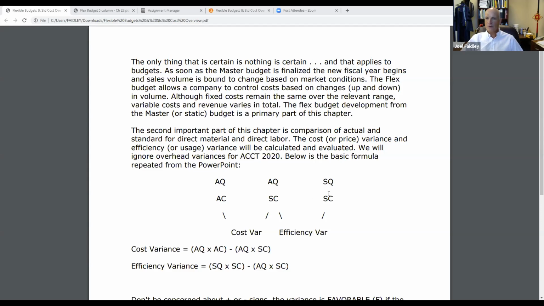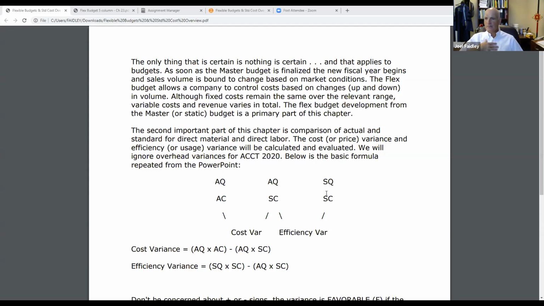Any company that you work for that's in manufacturing, which we stress a lot in this Accounting 2020, you have what's called a standard quantity and a standard cost that you are going to spend or use in regard to what your standards are, what it should be, or what your budget is.